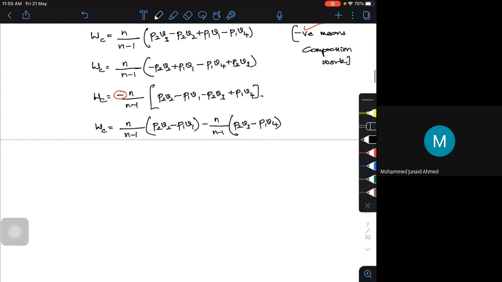Okay. So this is how I'm writing. I'm going to take P1 V1 outside from this expression. Then I'm going to take P1 V4 outside from this expression.